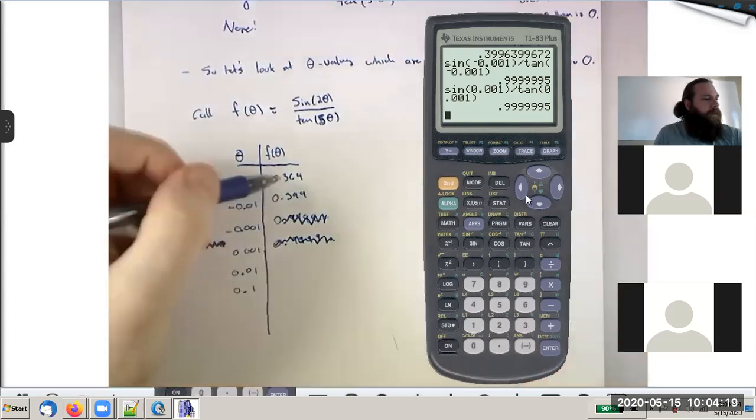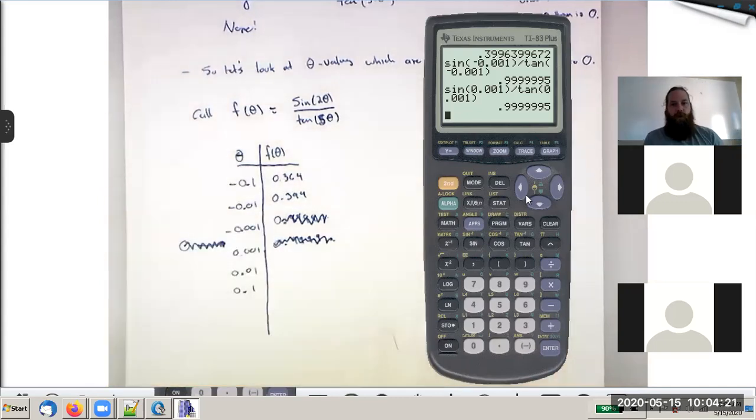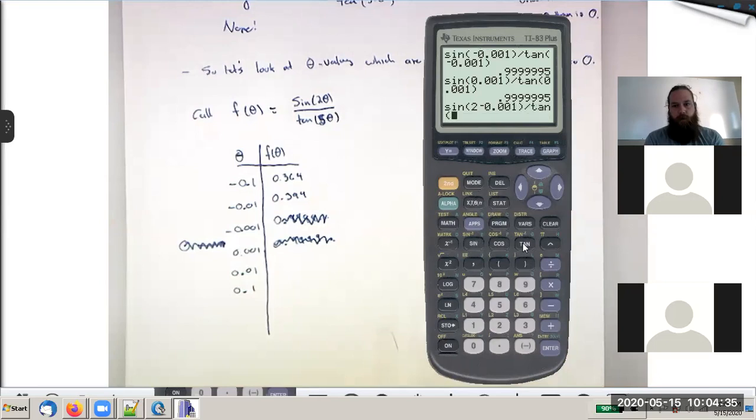Yeah. So let's come back to the negative 0.001 calculation. We need not the sine of that over the tangent of that. We need the sine of 2 times that. So the sine of 2 times negative 0.001 divided by the tangent of 5 times. Oh, this needs a multiplication too, doesn't it?